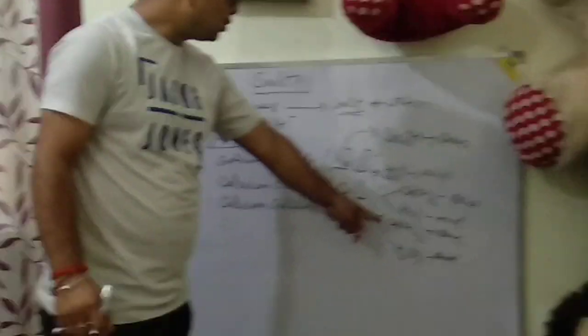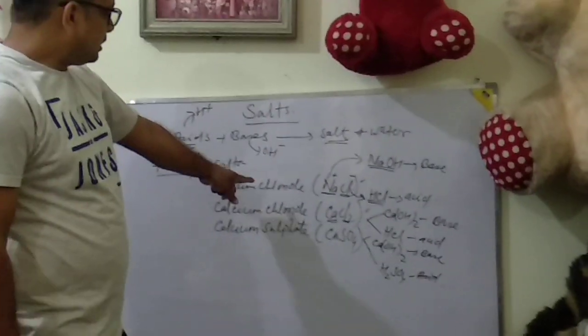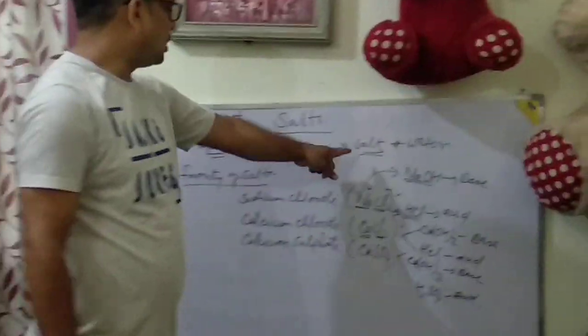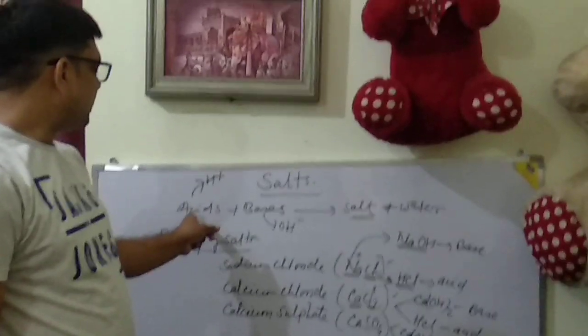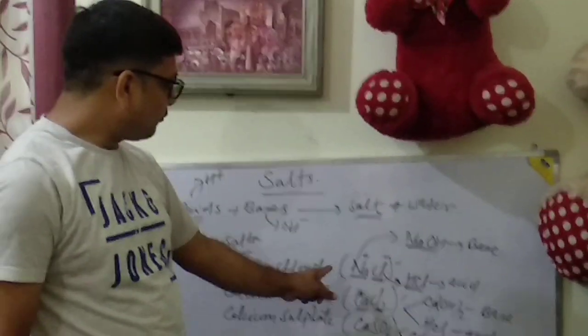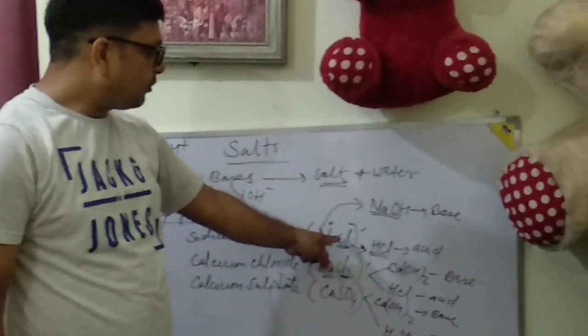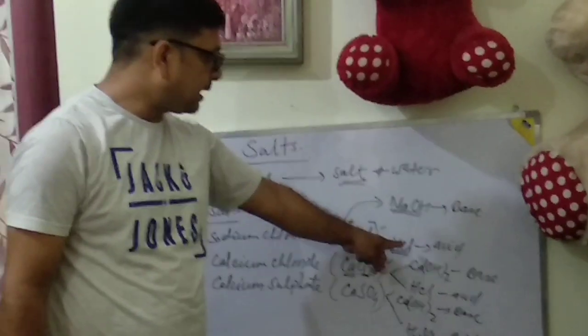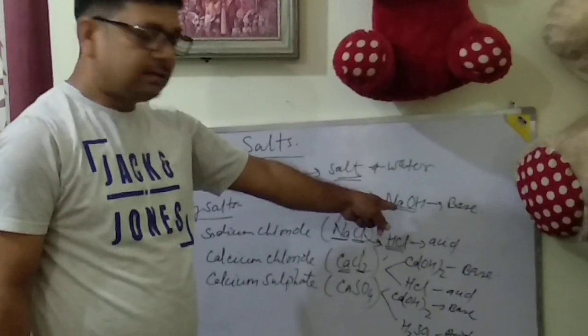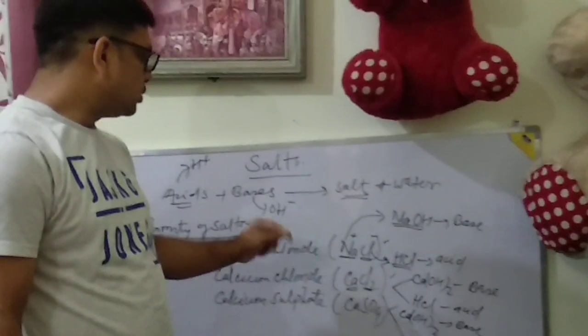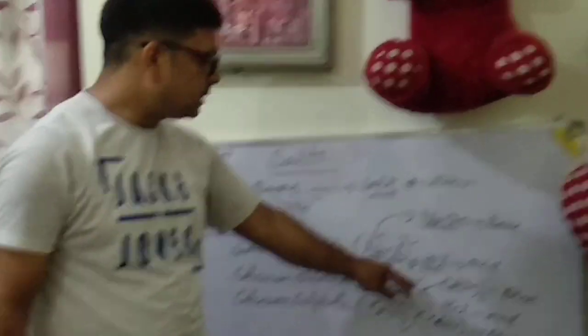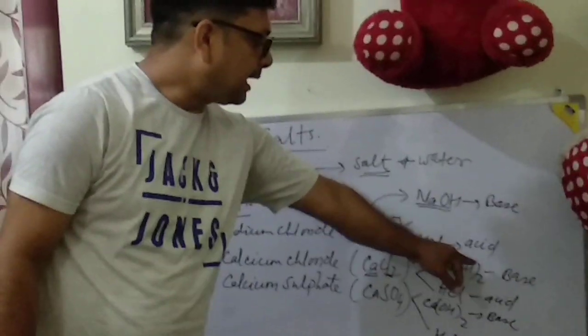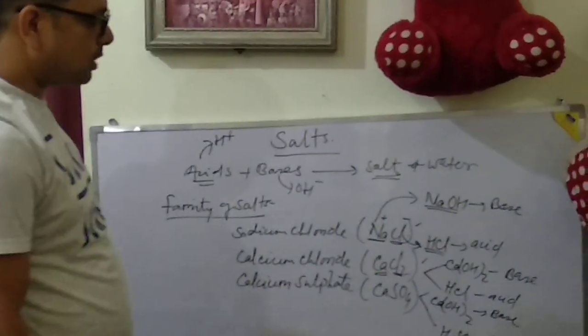formation of this. So we can say that these salts are made from the reaction of acids and bases. In the formation of sodium chloride, NaOH base and HCl acid are required to form the salt. In the formation of calcium chloride, the acid involved is HCl and the base involved is Ca(OH)2, calcium hydroxide.